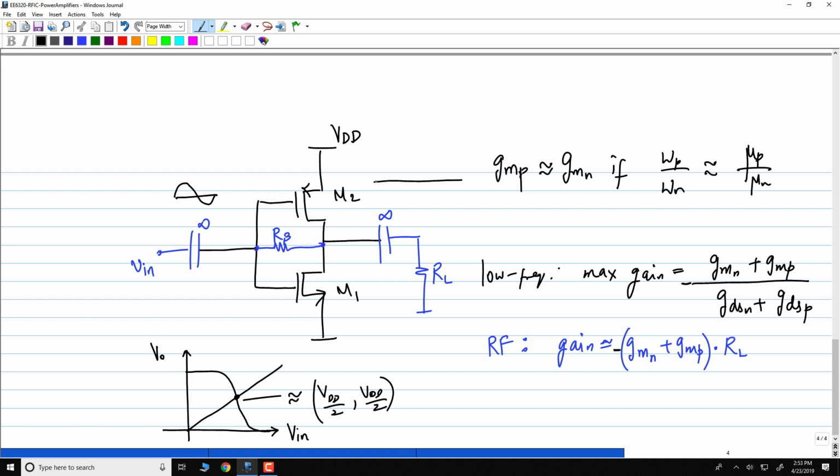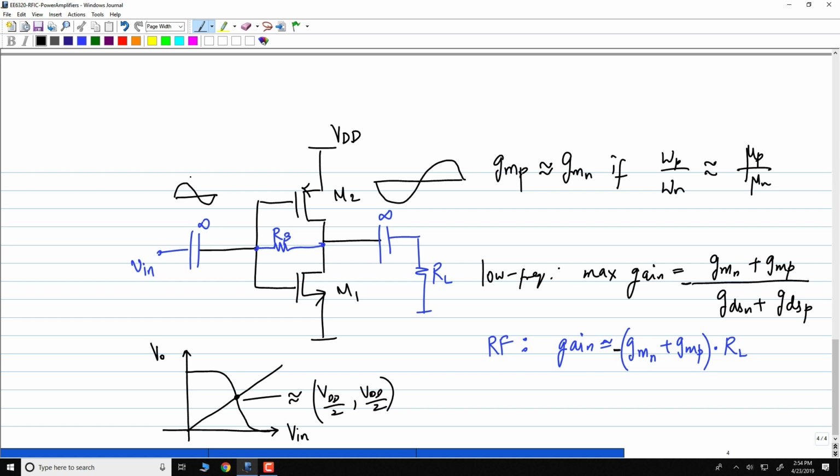What will the output look like? Output will look like a larger version of this. Correct? So if you keep moving along this, if you keep increasing the amplitude of the input, what is clearly happening is, as the input is increasing, drain is decreasing. Of course, at some point of time, the NMOS will go into triode.